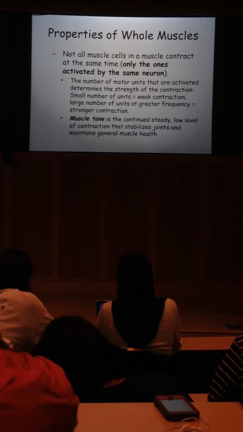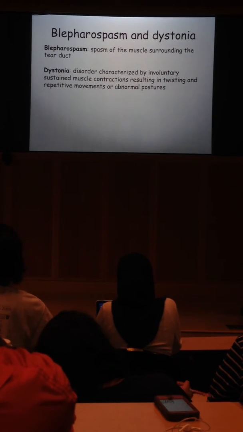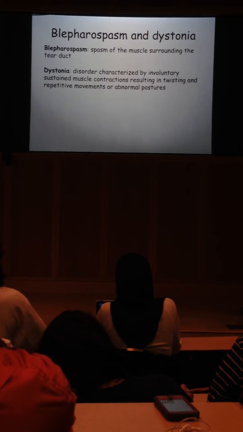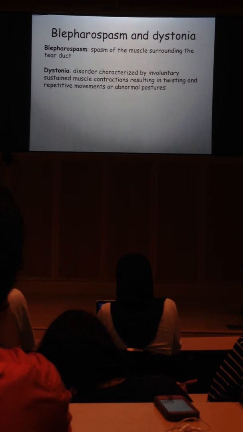However, in some cases this muscle tone becomes too much. I'll mention blepharospasm, which is when the muscles of the eyelids constantly contract. But the major disorder this belongs to is called dystonia, and it's characterized by involuntary sustained muscle activation.